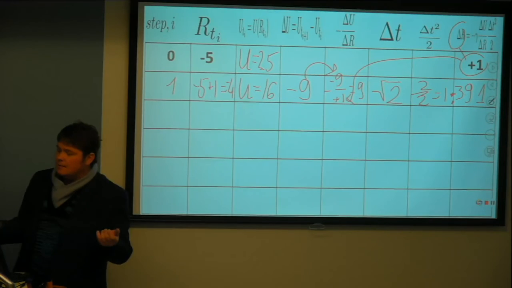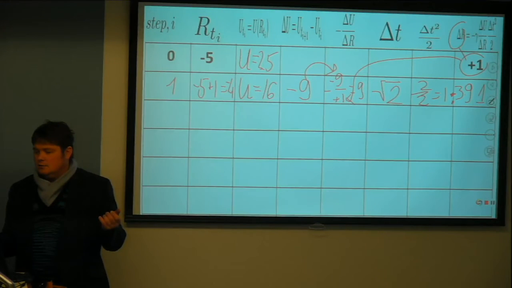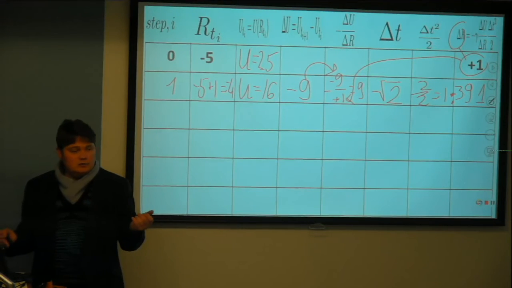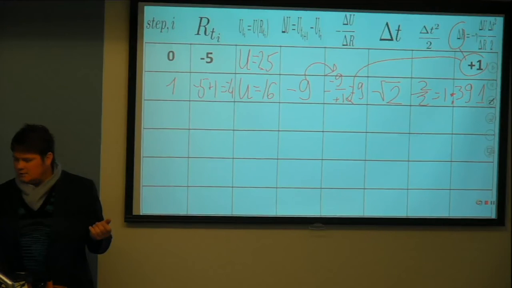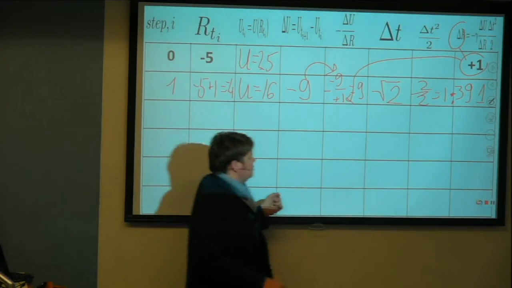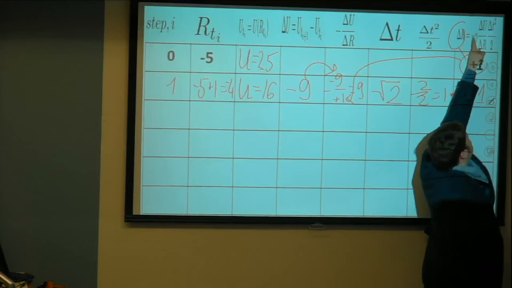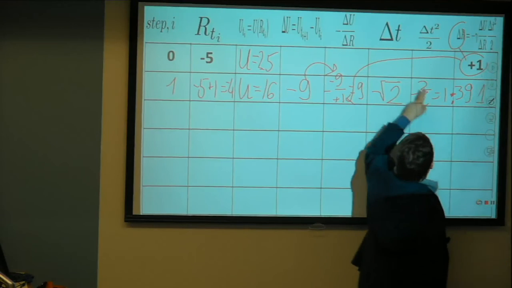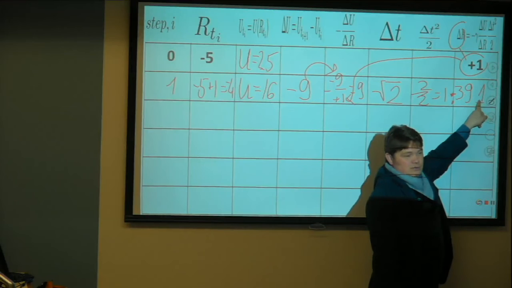How much? 2.7. Let's think about minus. I would vote for plus, but I can make errors. So 0.3, and then minus delta U delta R, minus is 9. So it should be plus 2.7. Right?